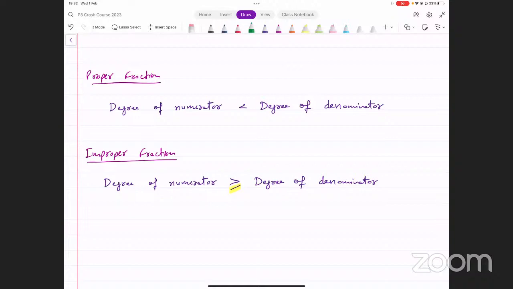You will get those fractions, but that will be when you have to divide the numerator by the denominator, which will involve the use of long division. But in partial fractions, you will only have fractions where the degree of the numerator and the denominator are equal. That will be the only case that you would have to deal with.